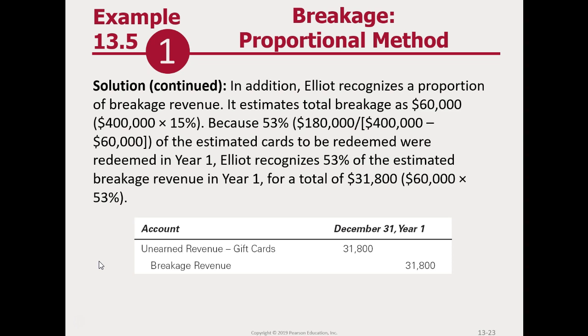So therefore, we're going to recognize 53% of the breakage revenue in year one. We multiply the 53% times the total estimated breakage, which is $60,000, and we go ahead and show the $31,800. That remaining part of breakage is going to be shown ratably over the year.